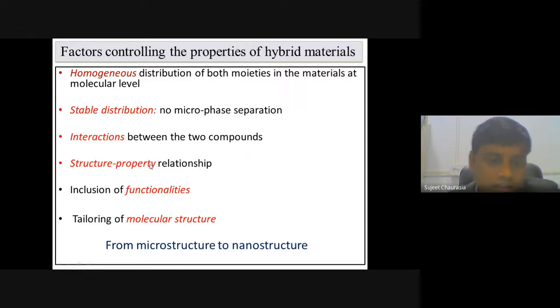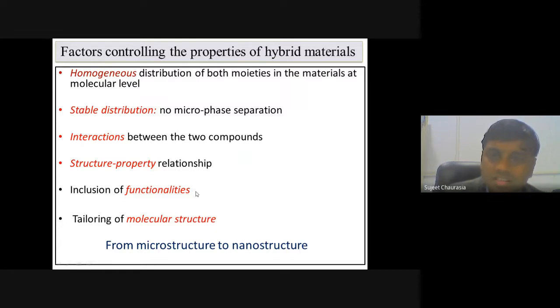In inclusion of the functionality, different functional groups can be attached at the surface of the embedded filler particle to provide a separate interface, and that can reduce the overall internal resistance between the electrode and electrolyte interface and tailor the molecular structure.